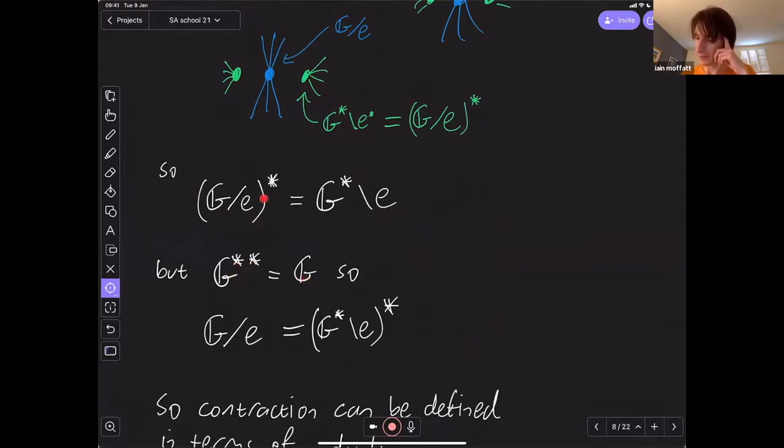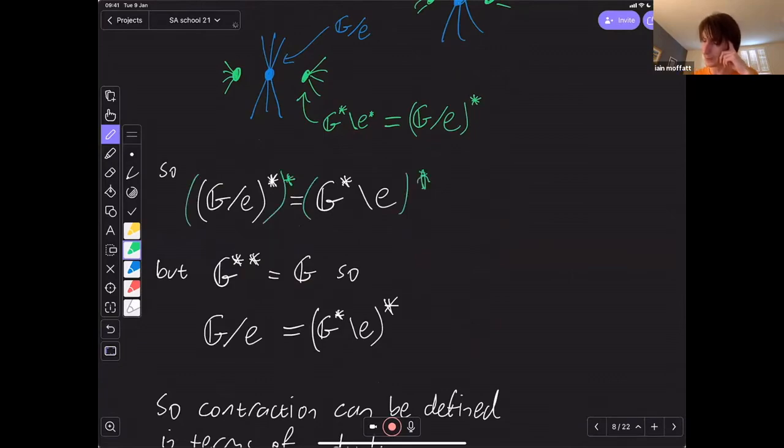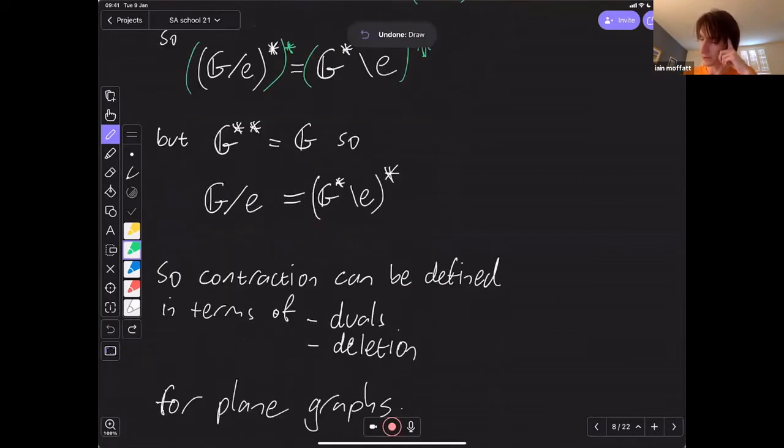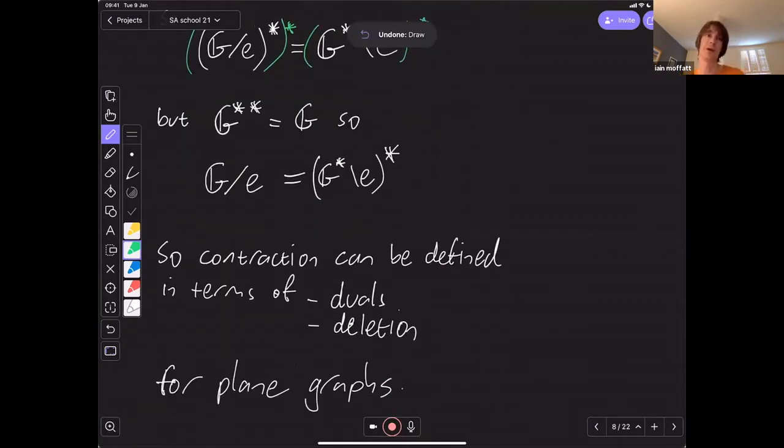So I could take this identity, dual both sides like so. And on this side, they're going to cancel out. So I just end up with G contract e is equal to G dual minus e, all dual. So the important point here is that contraction can be defined in terms of duals and deletion for plane graphs.